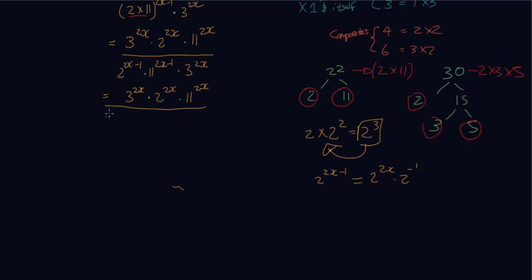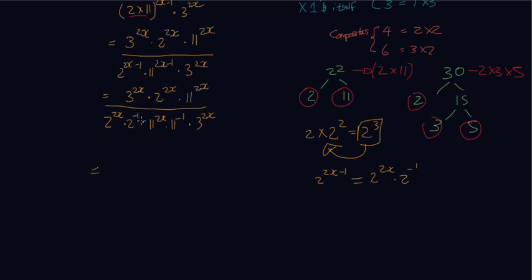So 2 to the 2x minus 1 is 2 to the 2x times 2 to the minus 1, and then times 11 to the 2x minus 1, which is 11 to the 2x times 11 to the minus 1, and then times 3 to the 2x.